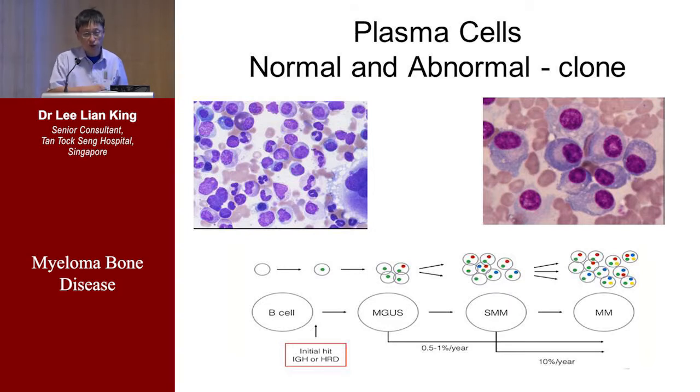At that stage, we call it MGUS, which is monoclonal gammopathy of unknown significance. But every year, a few percent of these will progress to become myeloma. Some of them go through another stage called asymptomatic myeloma or smoldering myeloma. For patients with smoldering myeloma, there's a higher chance of developing into multiple myeloma.